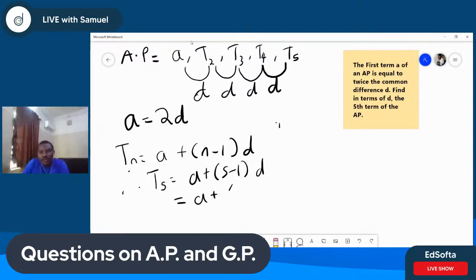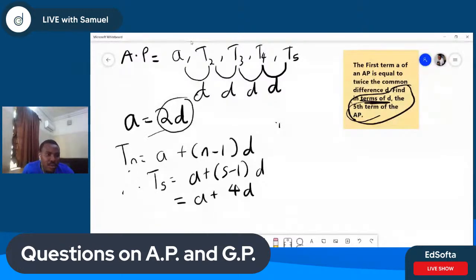But from the question, they said we should find in terms of d. That means the only thing that we should have in our answer should be d. But we know that A is what?